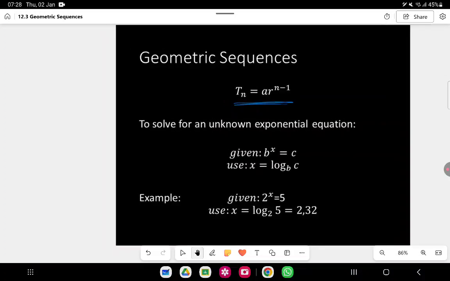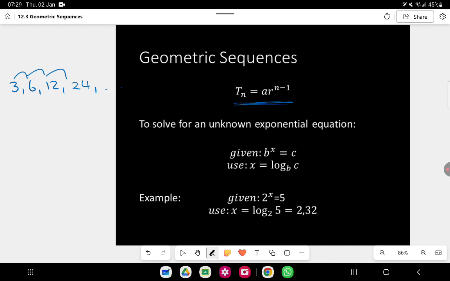If I gave you a sequence like 3, 6, 12, 24, dot, dot, dot, this is a geometric sequence. Now, what is the constant ratio going from there to there to there?